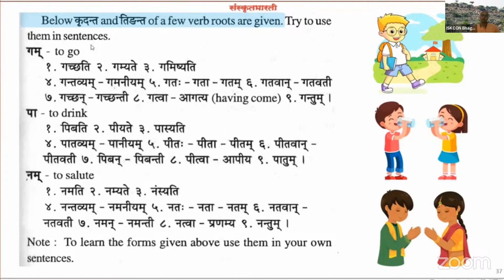When it is added with ta, it becomes gamate. When it is added with lrit lakara, it becomes gamishyati. And gantavyam, gamaniyam are tavyat and aniyar pratyay, gata is kta pratyay.